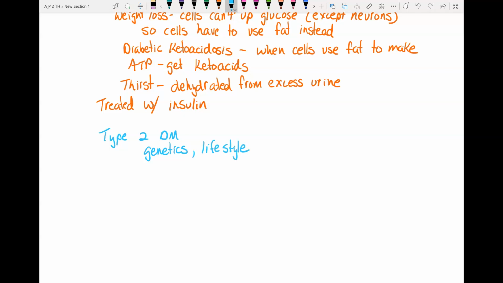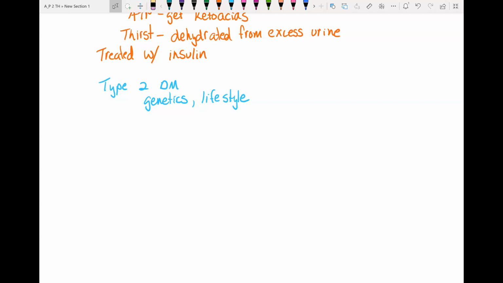So, a simplified scenario of what happens with type 2 diabetes. If you have poor diet so that you consume lots of sugar or any kind of carbohydrate, because remember, it all gets converted to glucose. So you consume lots of glucose. And you lack exercise.